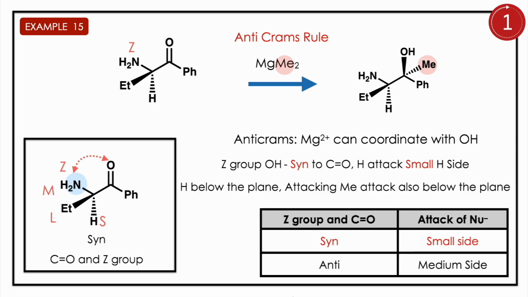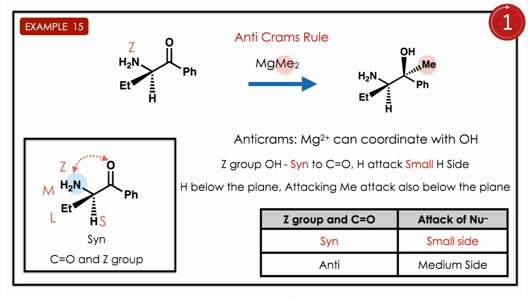Here you have alpha chiral carbon, ketone, and you have coordinating amine. So chances of anti-Cram's rule. Let us mark large, medium and small. Large group is ethyl, medium group is amine, small group is hydrogen. Since it is an anti-Cram's rule, relationship between amine and carbonyl is important.